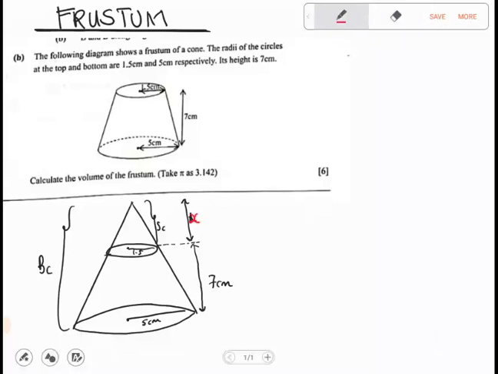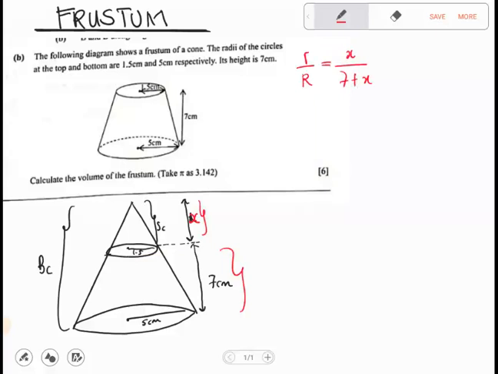So the ratio of the radii, the radius of the smaller one divided by the radius of the bigger one, must be equal to the ratio of the heights. The height of the smaller one is x, and the height of the bigger one is x and 7, so that would be 7 plus x.